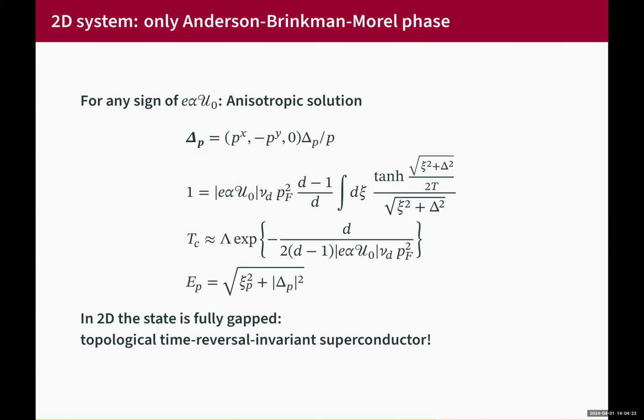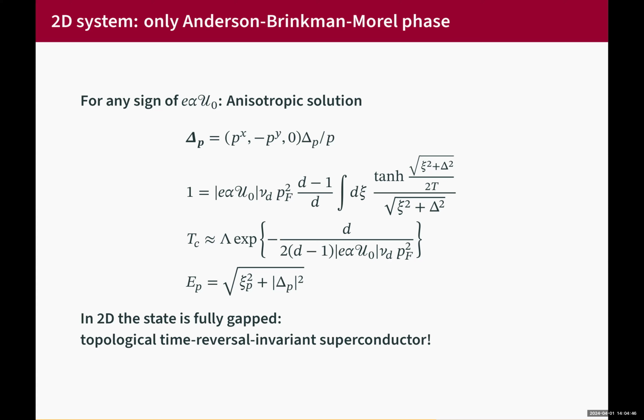Quite expectedly, there is no phase with delta proportional to p, the fully rotationally invariant phase, in two dimensions, because the system itself is not fully rotationally invariant. It's confined to two dimensions. So in two dimensions there is only this Anderson-Brinkman-Morel phase with critical temperature and all that.